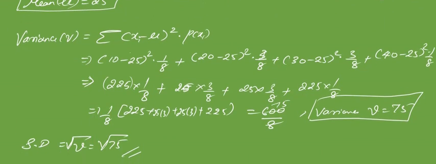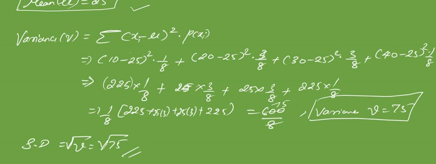To find the variance, use the formula. Remember it is sum of xi minus mu the whole square into p of xi. So when you take the summation, remember xi corresponds to 10, 20, 30, 40. Mu is nothing but the value which we obtained, 25. And for the corresponding xi, probabilities we have 1 by 8, 3 by 8, 3 by 8 and 1 by 8. We are going to substitute and then add all the terms.